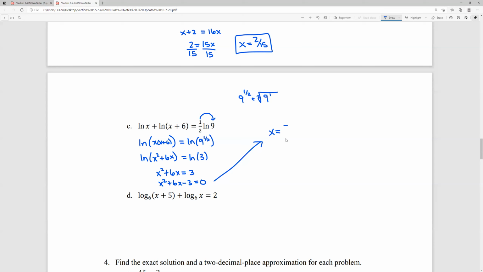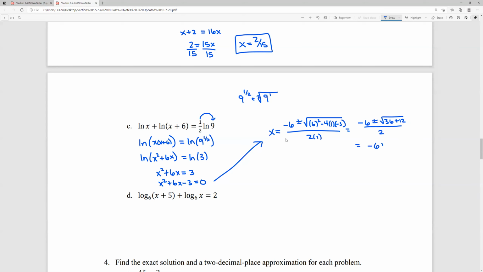So x equals negative b plus or minus the square root of b squared minus 4ac, all over 2a. This is negative 6 plus or minus the square root of 36 plus 12, all over 2.